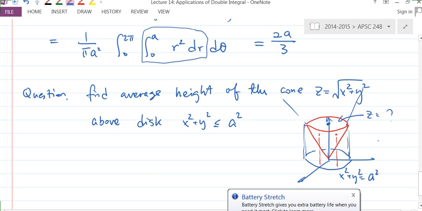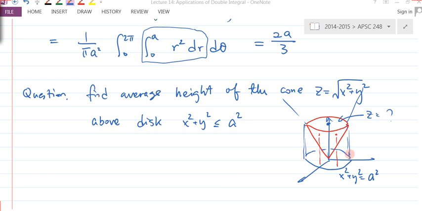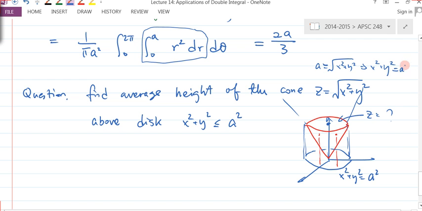A, exactly. So this bottom here is basically a level curve of this surface, and the level curve is z equal to a. So when you plug z equal to a in, you get x squared plus y squared equal to a squared, and that's the bottom disk. Later in the triple integral you will make use of this simple knowledge in quite a few different cases.